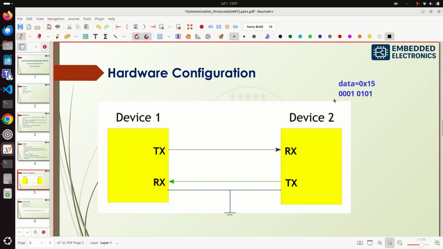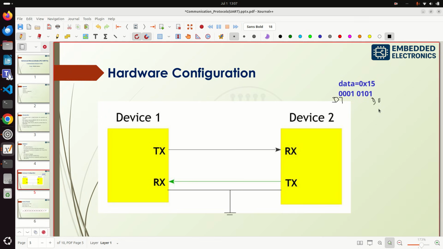Here D7 is the MSB bit, and D0 is the LSB bit, so we have 8 bits.